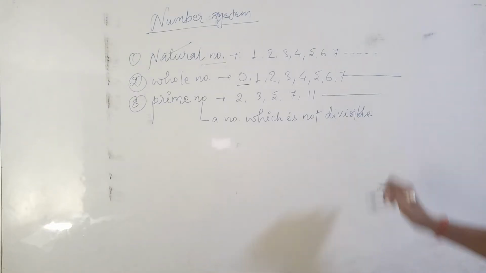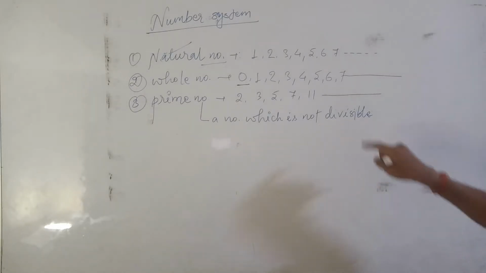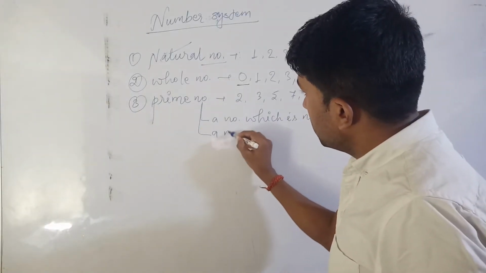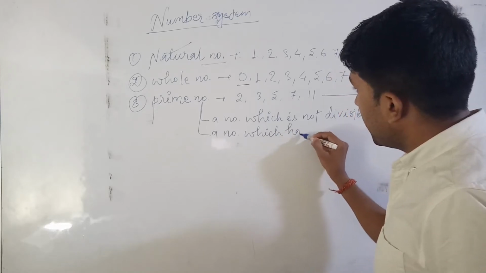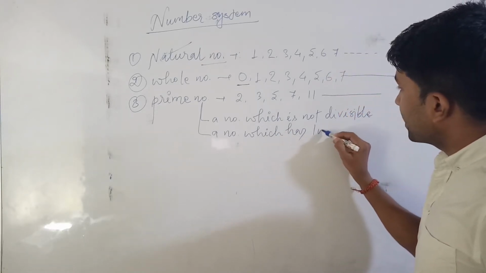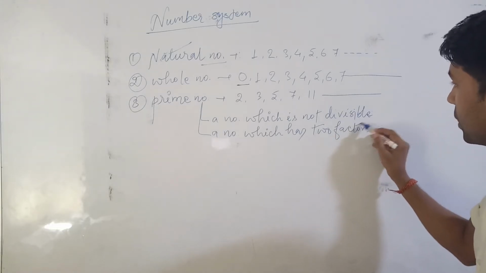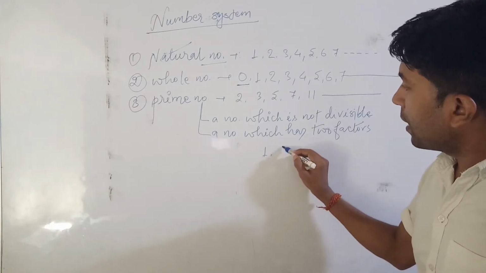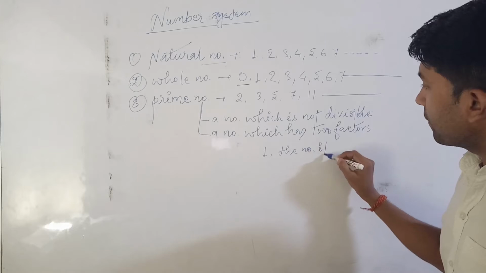Point number 2, a number which has only two factors, 1 and the number itself.